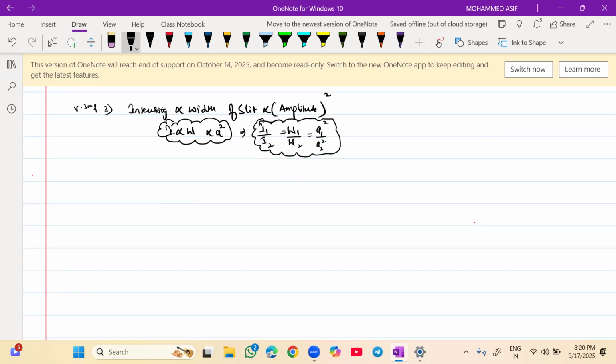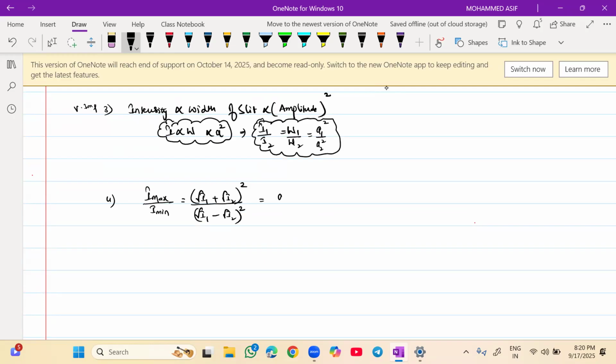The next point is also very important: the ratio of I max divided by I minima. Just now we have derived it. I max will be equal to root of I1 plus root of I2 whole square, divided by root of I1 minus root of I2 whole square.